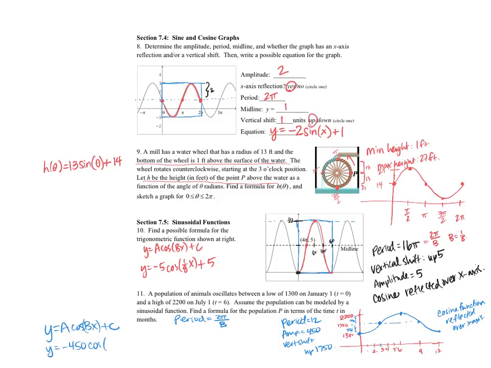So I can set that equal to 12. So I can see that b is equal to 2 pi divided by 12, which is pi over 6. And then my vertical shift is up 1,750. Okay, and so this is my equation there.